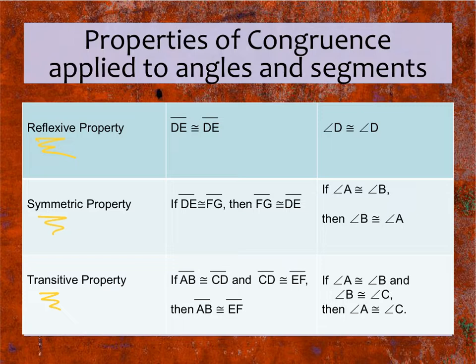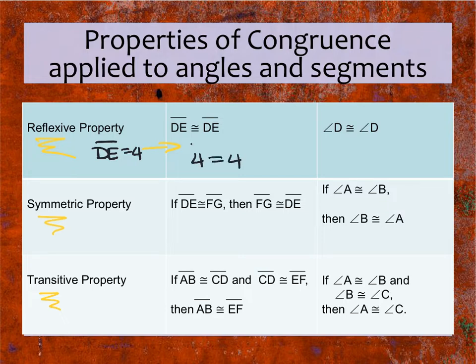The difference between what we learned yesterday, for example, with the reflexive property: the reflexive property of equality deals with the exact measurement. So for example, if I talked about segment DE, like they're talking about here, if I told you the length of DE was 4, then I could use my property of equality and say that 4 equals 4.